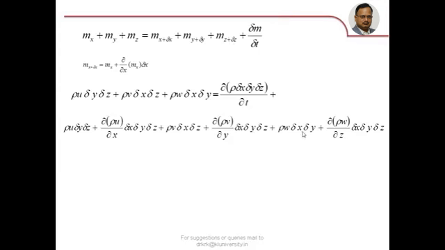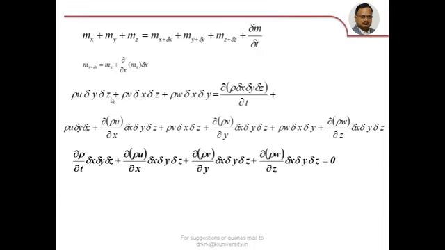M at z plus del z is rho w del x del y plus dou by dou z of rho w del x del y over a distance of del z. So cancelling del x del y del z in this equation, rho u del y del z, rho v del x del z and rho w del x del y get cancelled.